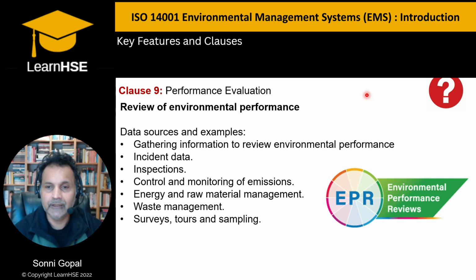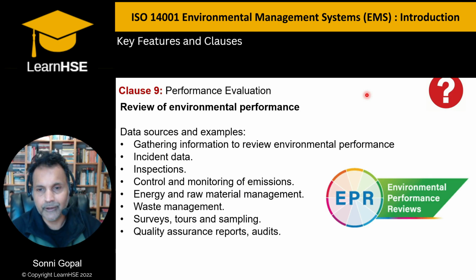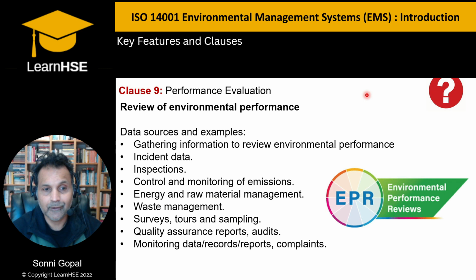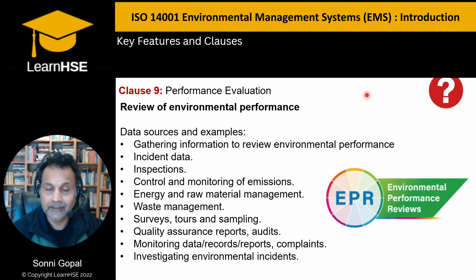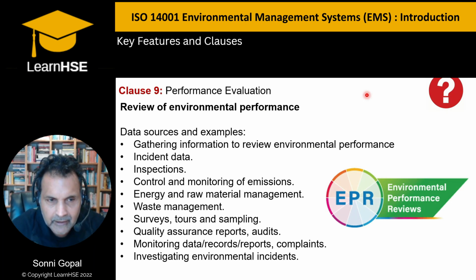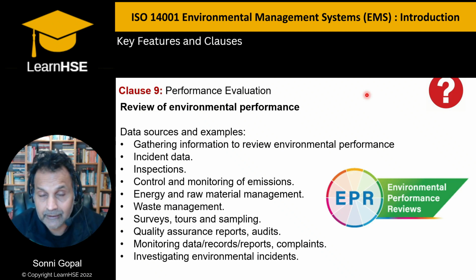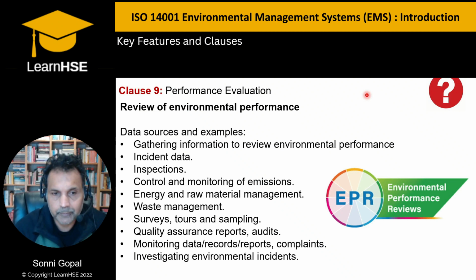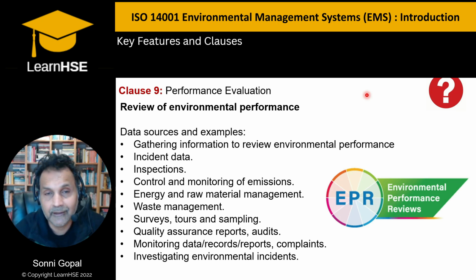Also, any surveys, tours and sampling records, any quality assurance reports and audits, any monitoring data, records, reports, complaints, and also let's not forget investigating environmental incidents. This is just a small selection of data sources and examples that the organization can have when it comes to reviewing environmental performance. It's not limited to this in your organization. You may have a different set. You may have all of these, you may have some of these, you may have a completely different set. So it's worthwhile reviewing those at the same time.